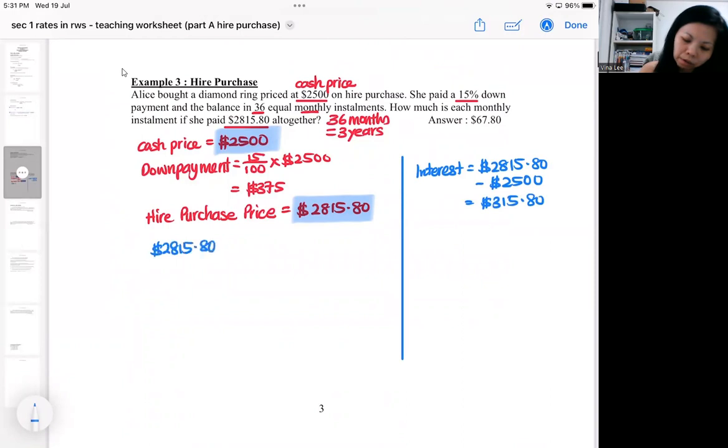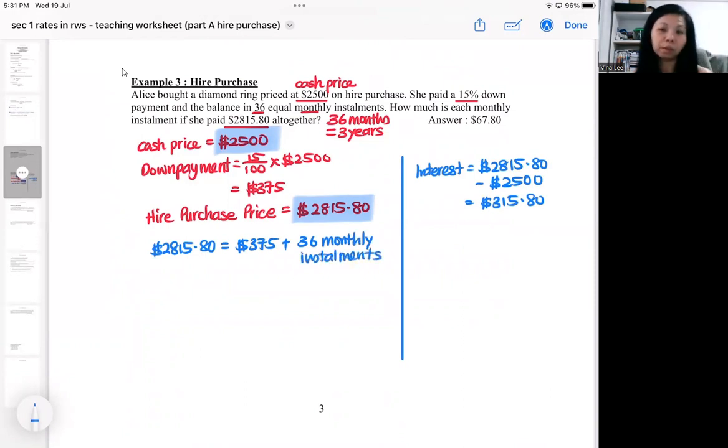That means if you think about it, 2815.8 is made up of the down payment and the 36 monthly installments. After she paid out 36 months plus 375, that will be 2815.8. So she ended up paying this amount for the diamond, which costs 2005 if she pays upfront. So I need to find how much is one monthly installment.